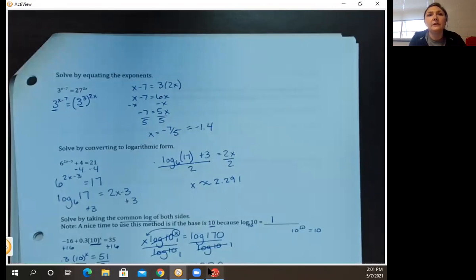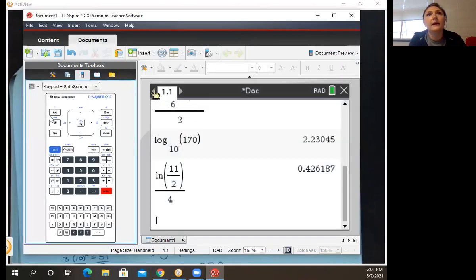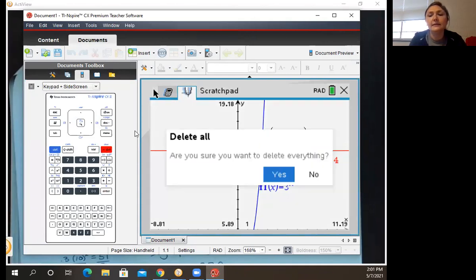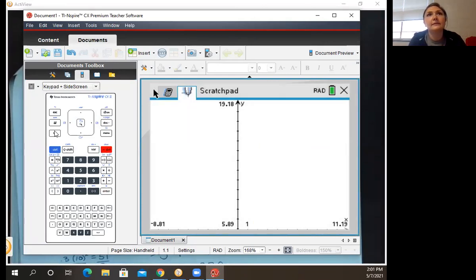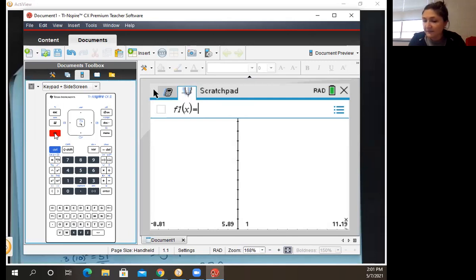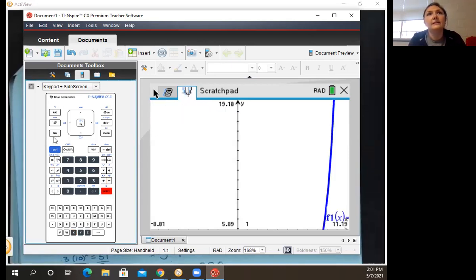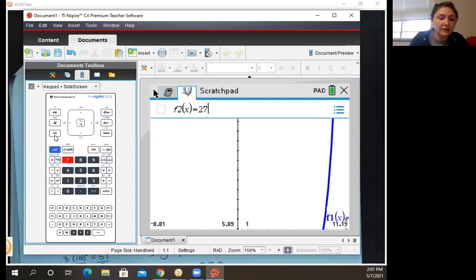So if I pull my calculator up and I go to the graph, I'm going to go ahead and delete this. And let me graph the left side, that was 3 to the x minus 7 power. And then I'm going to hit the tab key again and graph the other side, that was 27 to the 2x power.